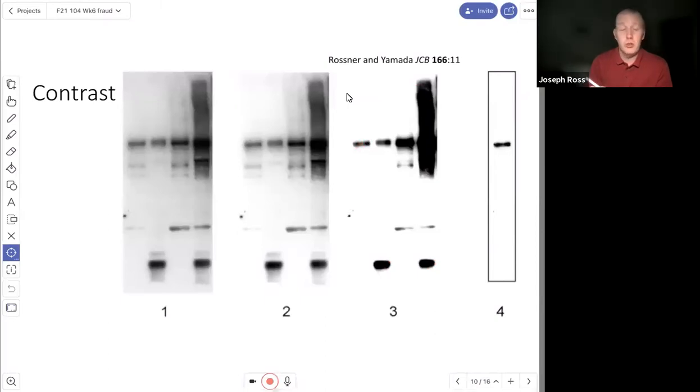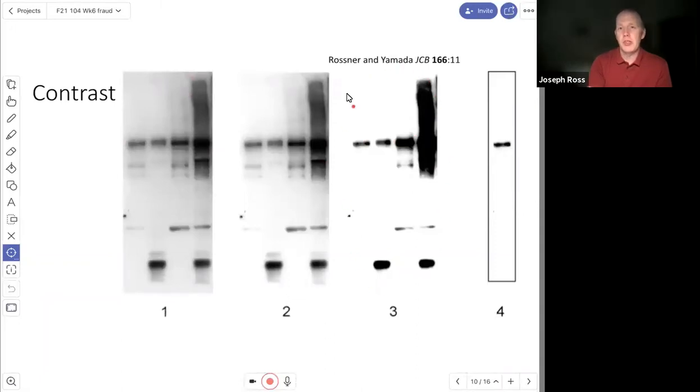And this is a huge, huge gray area. There's a lot of debate over, well, what counts as obscuring data versus not. Because, for example, if they had taken this picture more quickly, the camera wouldn't have picked up these faint bands. The picture would have looked something like panel 3. And if you run a gel, for example, that has a lot of different experiments on it, isn't it fine then to take a fast photograph?